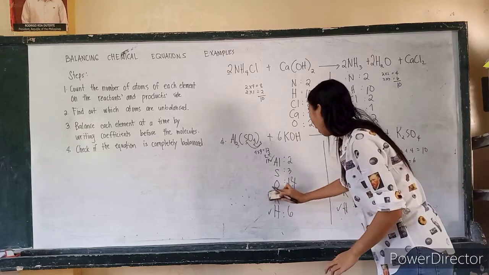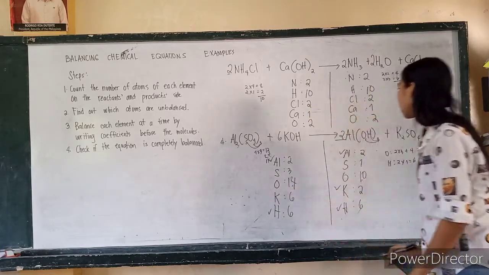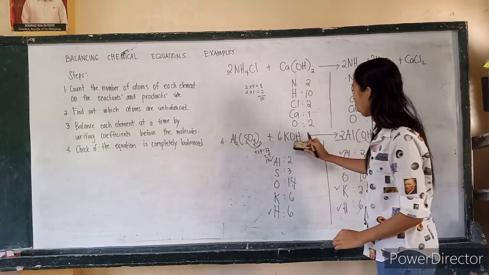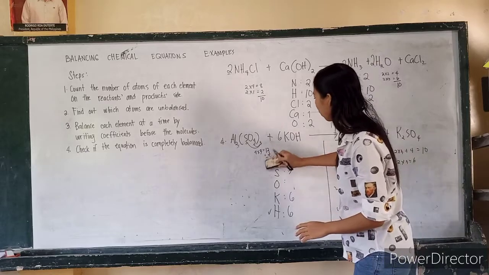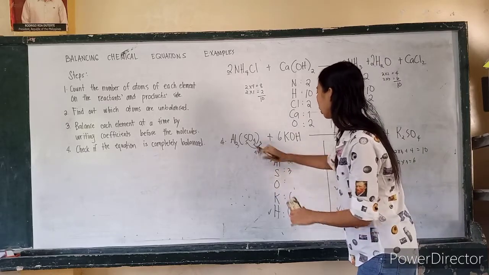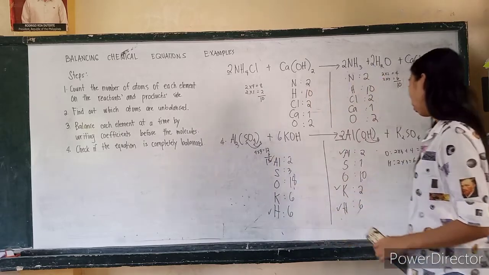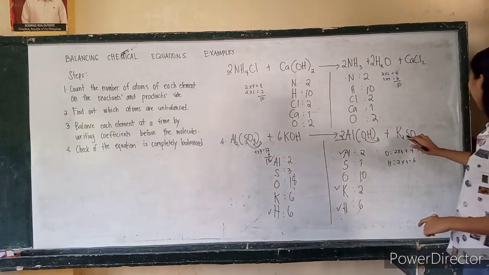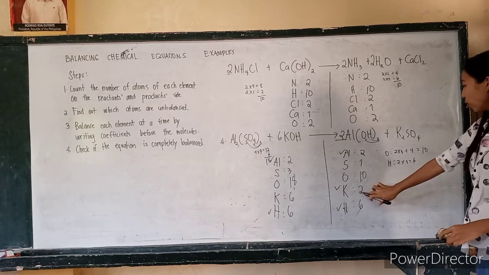The problem is your K. This K now becomes 6. Right? And your O has increased by 6. So 12 plus 6 becomes 18. So our oxygen is 18. Here, we add a number so that it becomes 6.